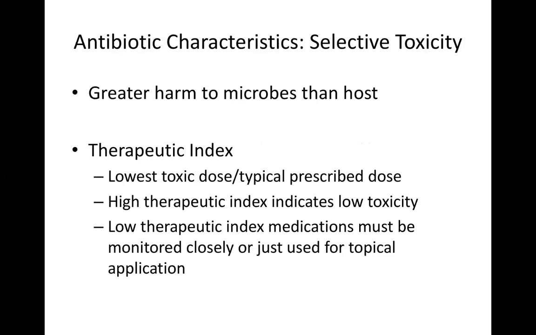When it comes to classifying a drug's ability to do this, we identify it as a therapeutic index. When we're looking for a good therapeutic index, what we're trying to find is the lowest toxic dose, so we want the toxicity to be as low as we can while still having the positive effect of taking out the pathogen.